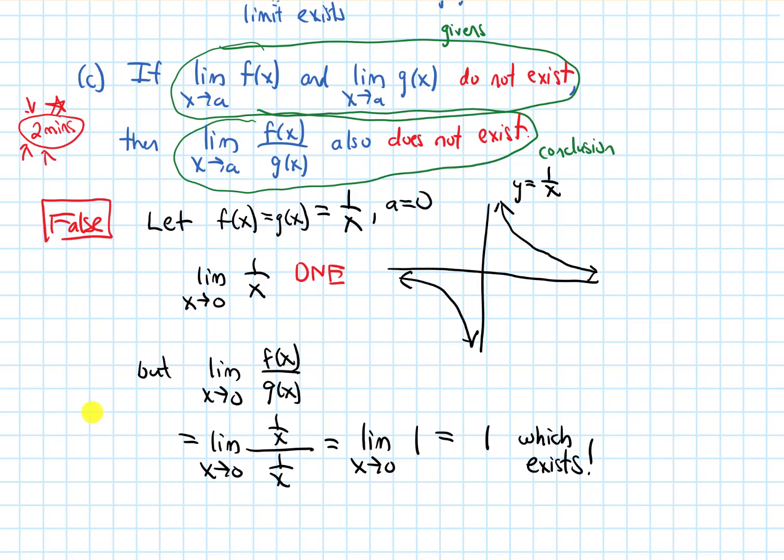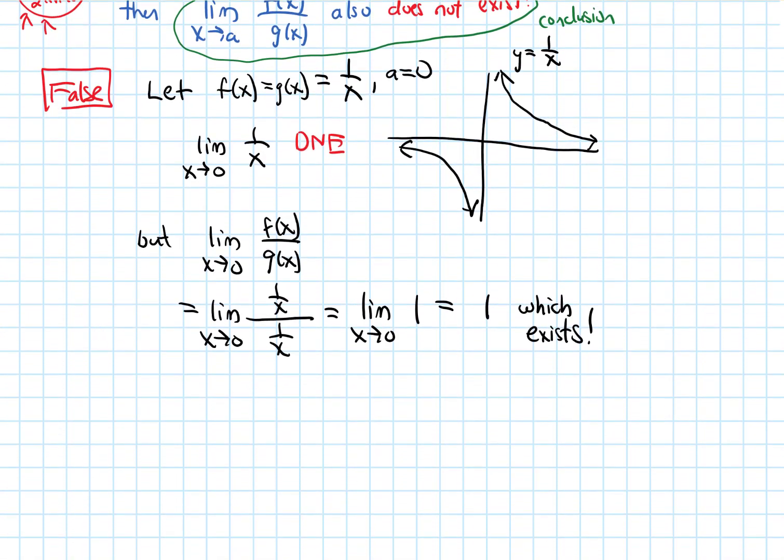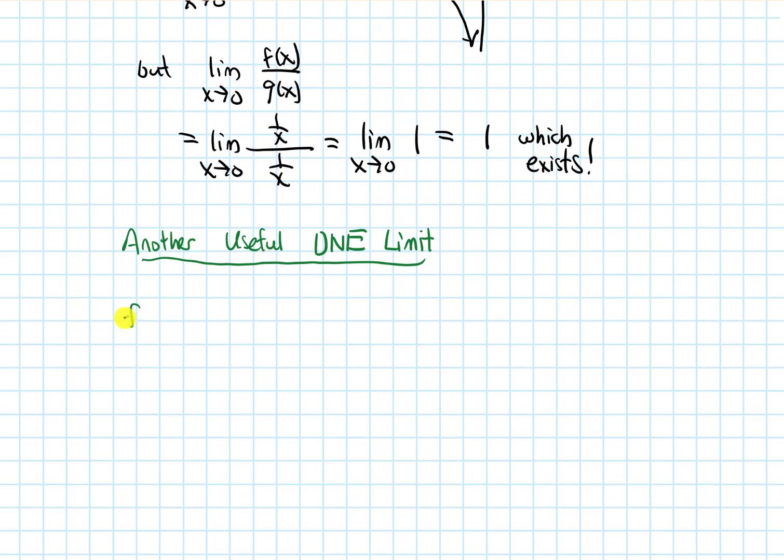All right. So what I want to end with is just kind of like a useful function. So sometimes where you have to work with examples of DNE limits, I'm going to give another useful DNE limit that can be useful in these true-false questions in particular. And it's a piecewise function. So I'm going to let f of x be -1 if x is less than 0, and I'll let it be +1 if x is greater than 0.